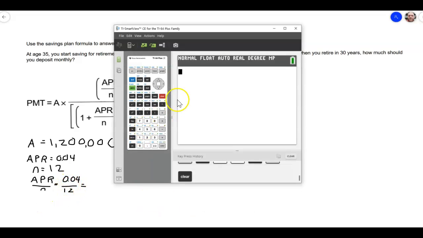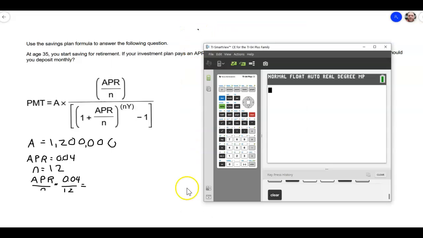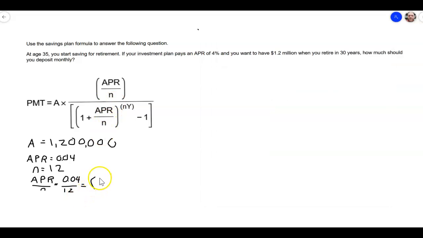But I have a feeling this will not be a repeating decimal. Let me pull my calculator out here. We're going to do 0.04 divided by 12. Oh, I'm sorry, this is a repeating decimal. So I'm actually just going to leave this as 0.04 divided by 12, and when I put this in the formula, I'll leave that in parentheses.